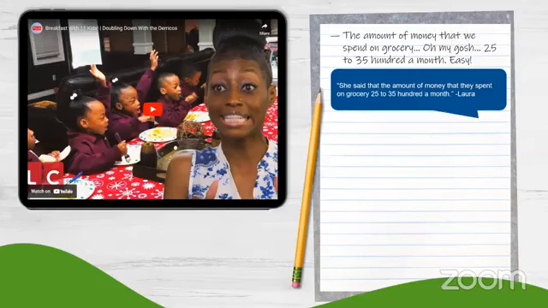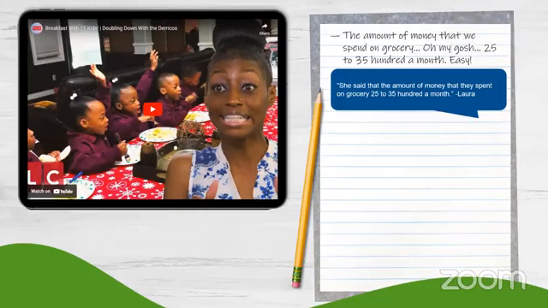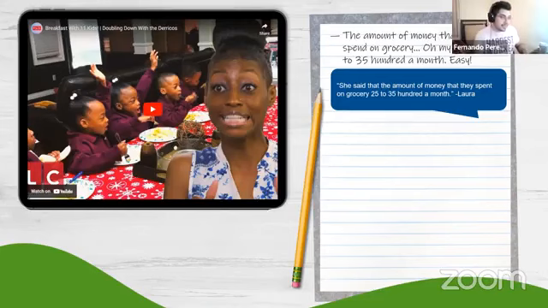In this case, it's about comprehension, Laurita. She said that the amount of money that they spent on grocery. You say that the amount of money that they spend on grocery was 25 to 3,500 a month.